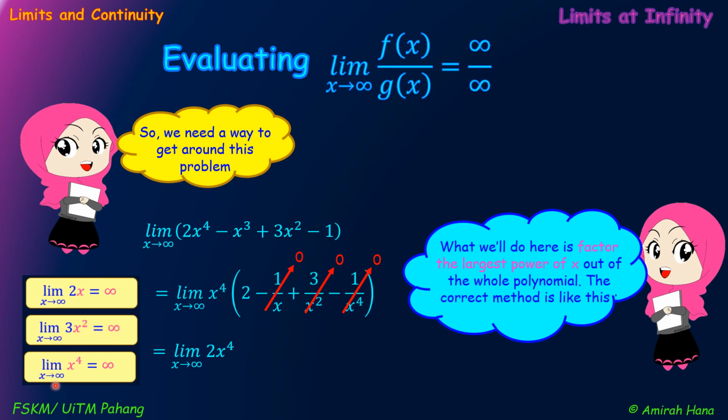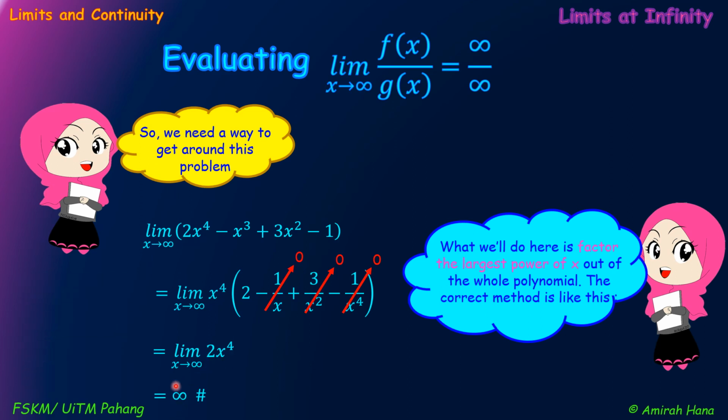Limit x approaches infinity x to the power of 4 will approach infinity if we have a positive power here, right? So from here, we will get the answer infinity because limit x approaches infinity 2x to the power of 4 will approach infinity, right?